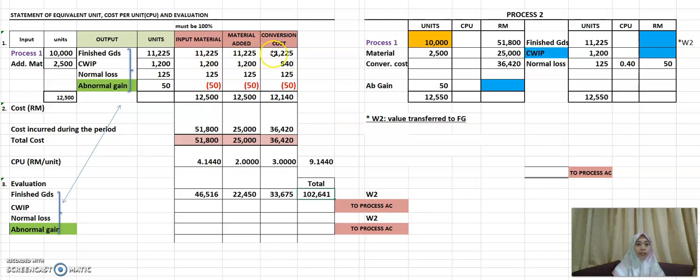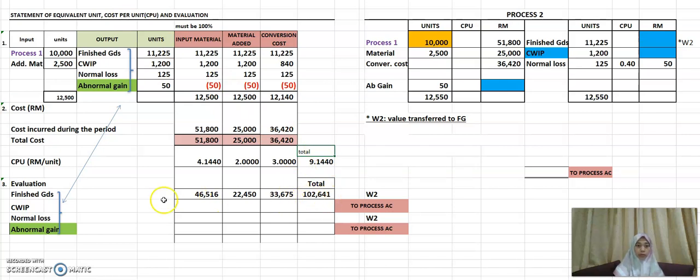To have a shortcut, if you have the items that are 100% complete for all the columns, then you can straight away take, for example, for your finished goods, all these columns, you have 11,225. So you can straight away take 11,225 times the total cost per unit. So that will give you 102,641.